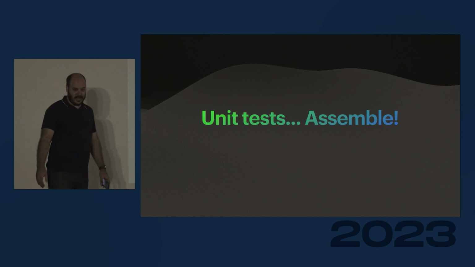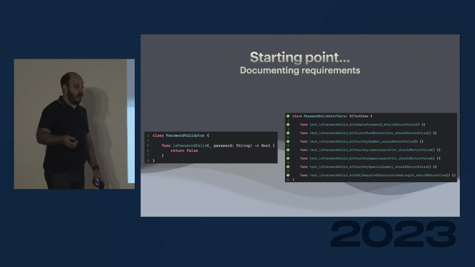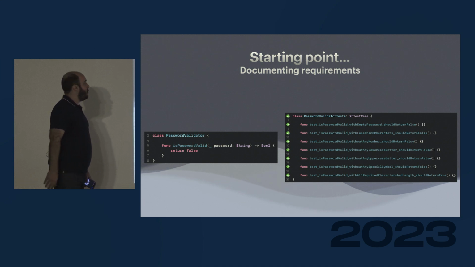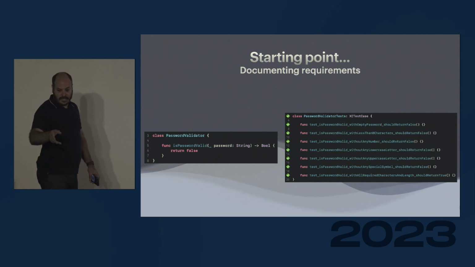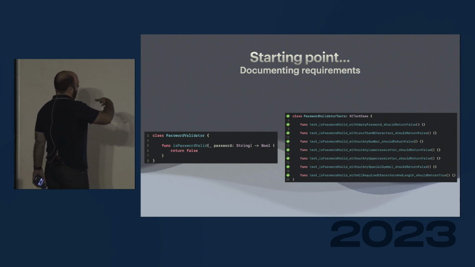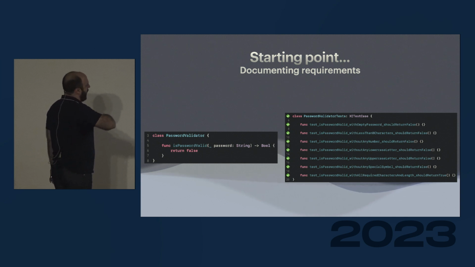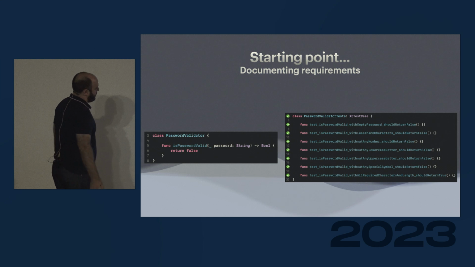So, unit test assemble. This is a process that I followed preparing the talk for today. In this case, I have the product implementation, which is just returning a false value for now, and the unit test that I start writing.